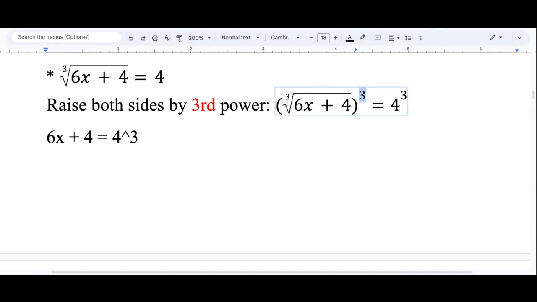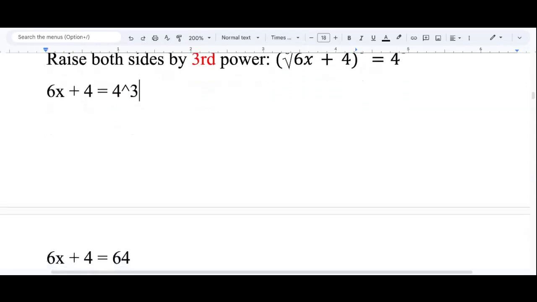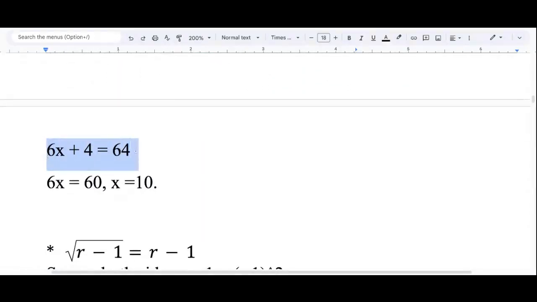So power 3 over index 3 is 1. So we get 6x plus 4 equals 4 raised to the 3. 4 cubed is 64. So subtract 4, 6x equals 60, x equals 10.